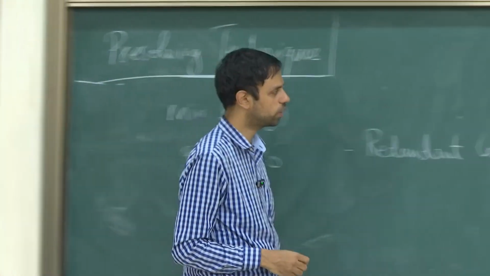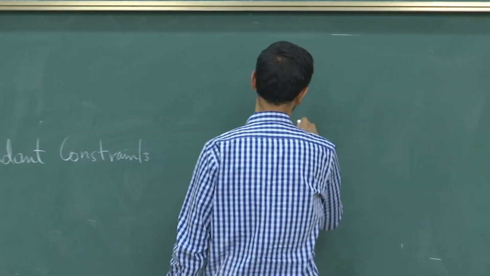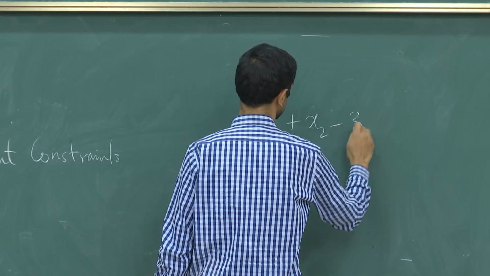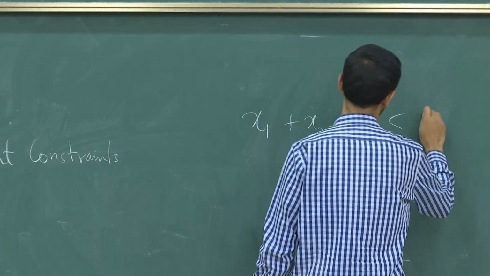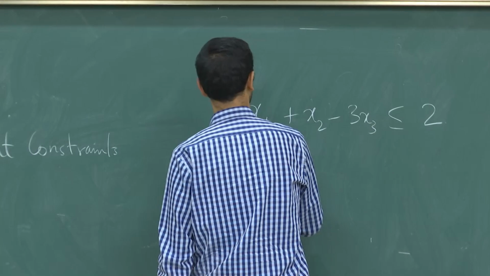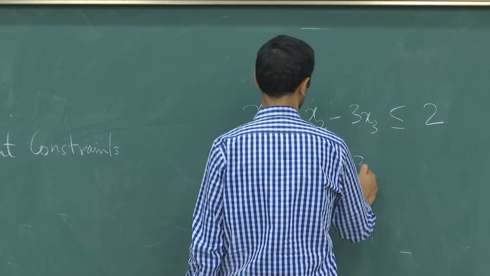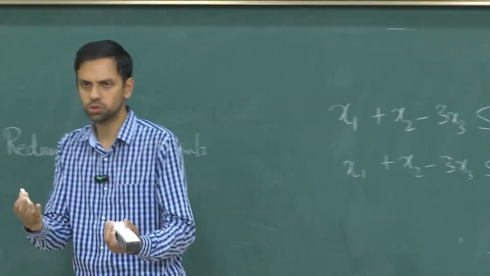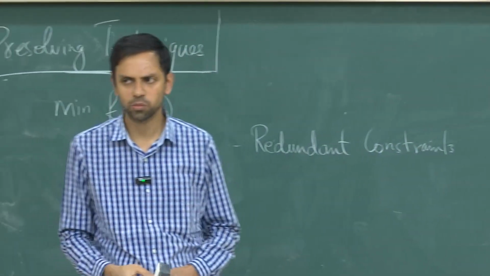Okay, so sometimes if you have in your large model a duplicated constraint, then obviously you may want to remove one.